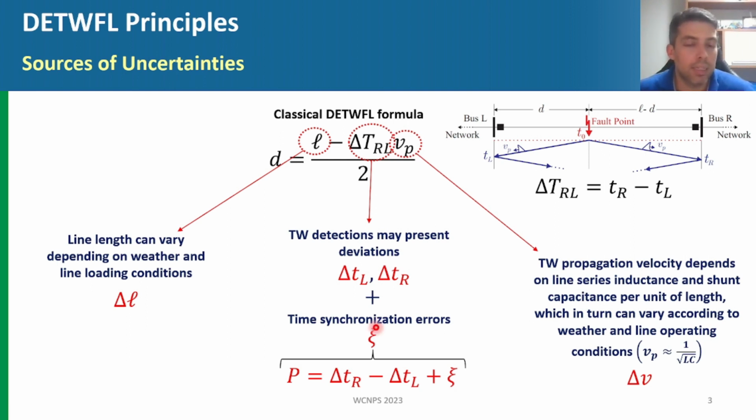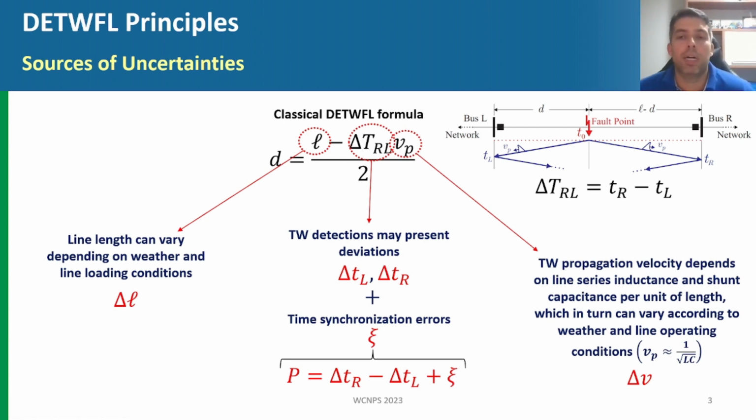And combining xi, delta TL and delta TR, we can calculate an equivalent time period error P, which is given by this formula here. Finally, regarding the propagation velocity, we know that it depends on the line parameters, and the line parameters can vary according to weather and line operating conditions.